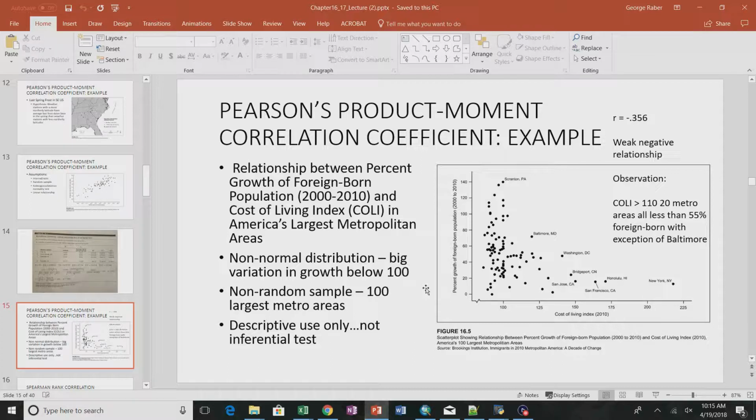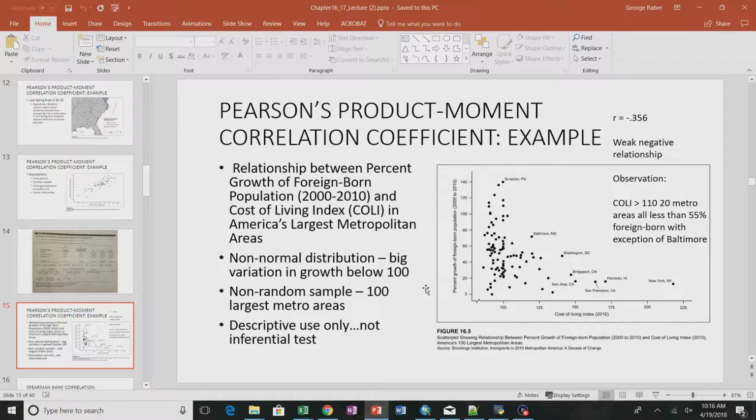All right. Now, there's plenty of weak relationships out there. Here's an example of a weak negative relationship between the cost of living and the percent growth of foreign-born populations. In other words, we're trying to find a relationship between cost of living. As the cost of living increases, we could say in general we have less growth in foreign-born populations.